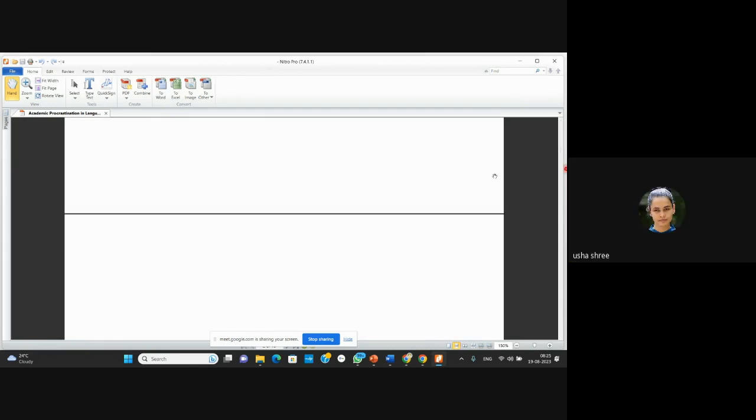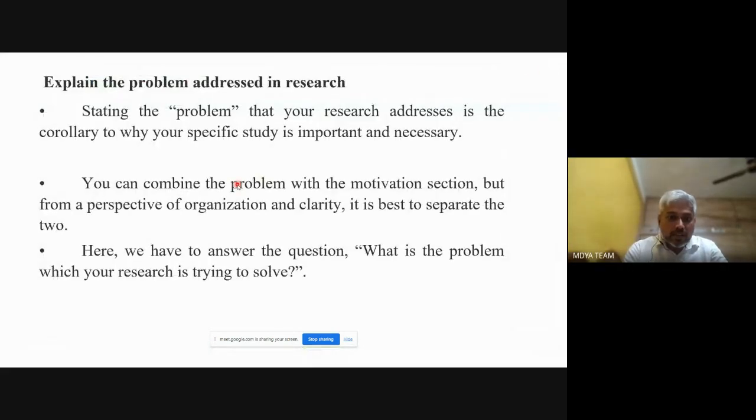So where in the abstract do we find the explanation of the problem? Yes, you will find the explanation in the first two or three lines. You will give what you are going to do in your research, what you have taken as a problem, what variables are there, and what cause and effect you are going to find in your problem.